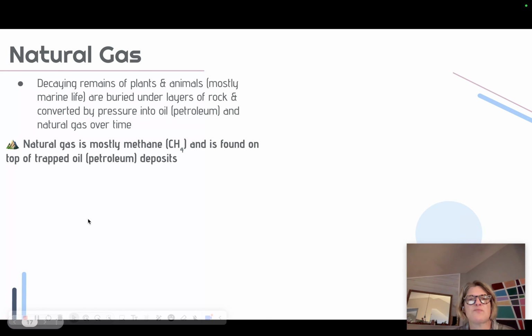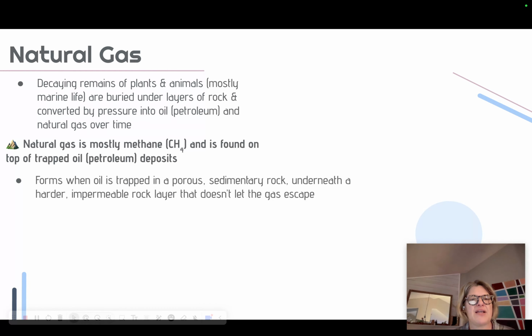Natural gas, like I said, is mostly methane and it's found trapped on top of oil or petroleum deposits. This forms when that oil gets trapped under the sedimentary rock, and usually it has to be underneath a much harder, impermeable rock layer.